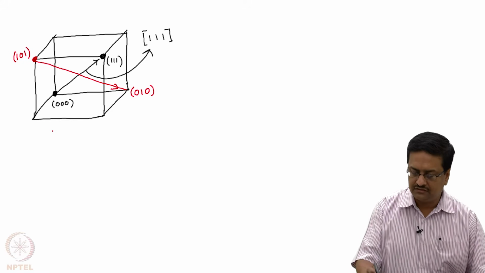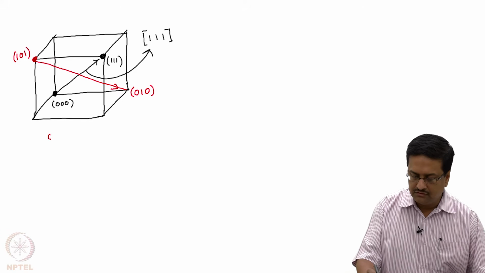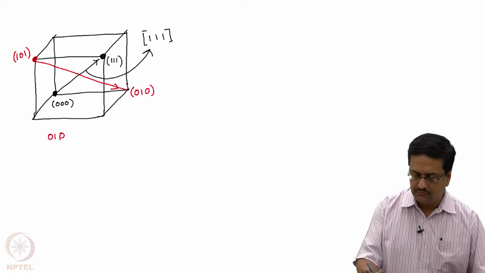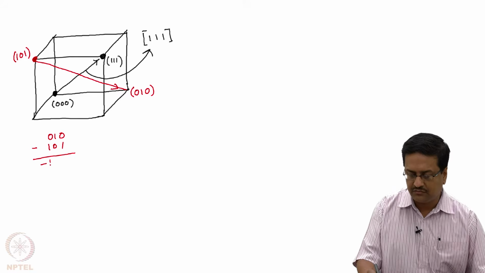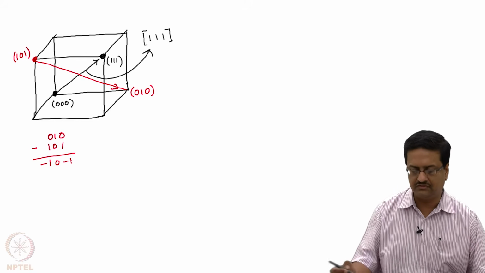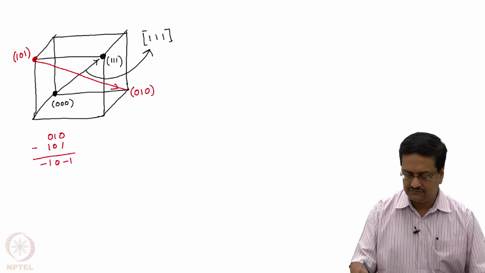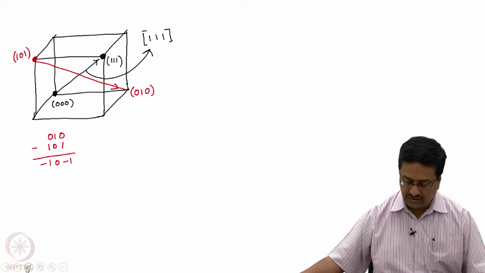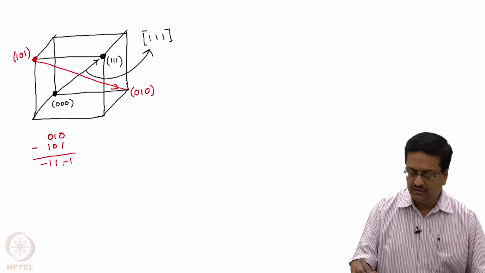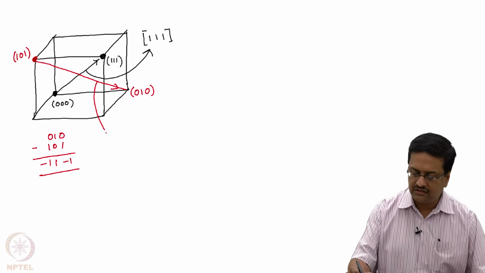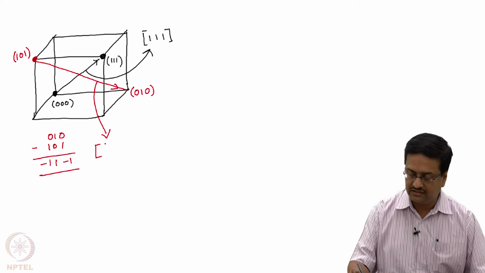So if we subtract 1, 0, 1 from 0, 1, 0, what we get is minus 1, 0, minus 1, which means the Miller indices for that direction will be 1 bar, 1, 1 bar.